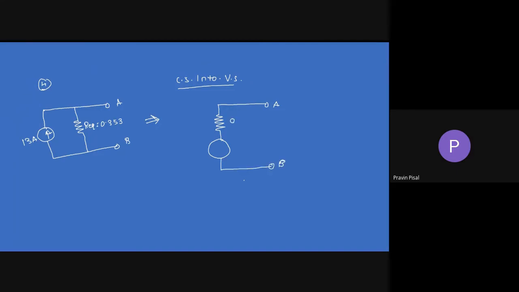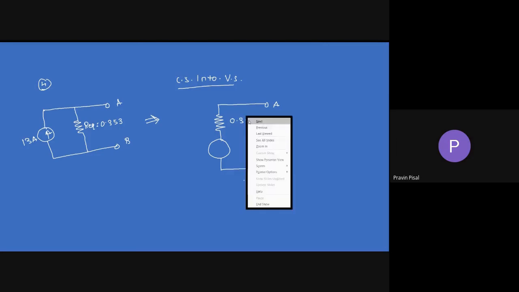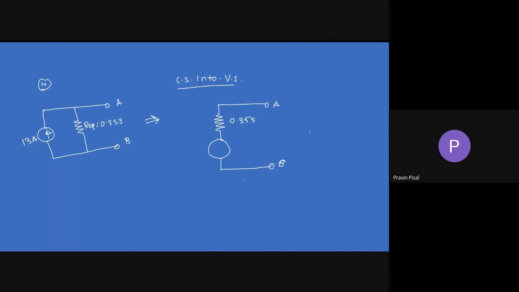The value of resistance is 0.353 ohms and the current is upward. So that's why the voltage comes out to be 13, the value of current, I into R, 0.353. So if I solve this, the answer comes out to be 4.58 volt.